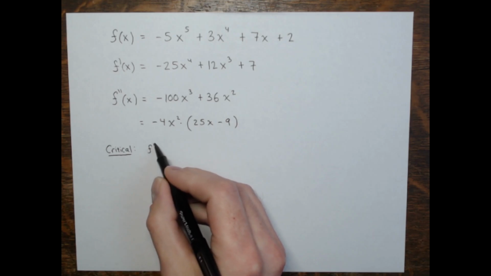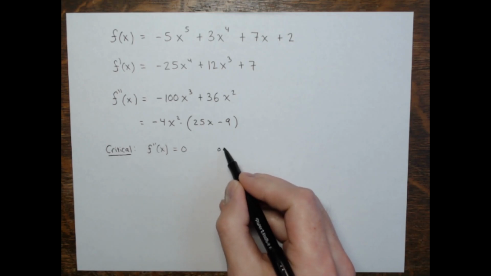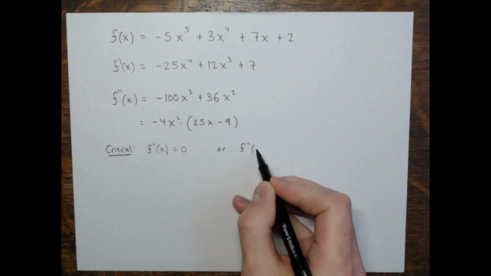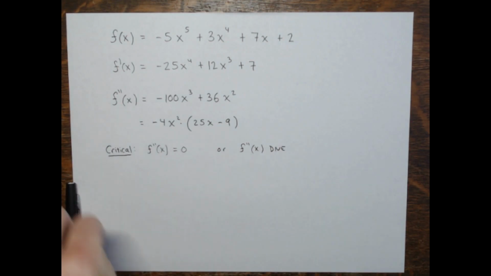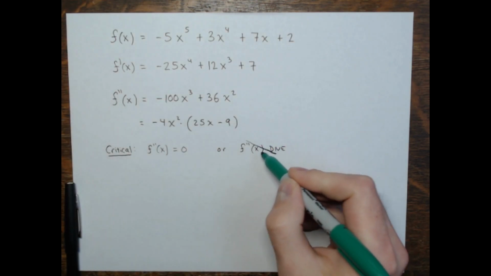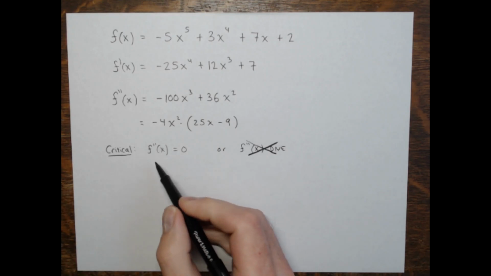I said earlier, you've got to find where the second derivative is 0 or where the second derivative is undefined. Once again, this is a polynomial function, so we don't have to worry about the undefined part, right? It's a polynomial and all its derivatives are defined everywhere.